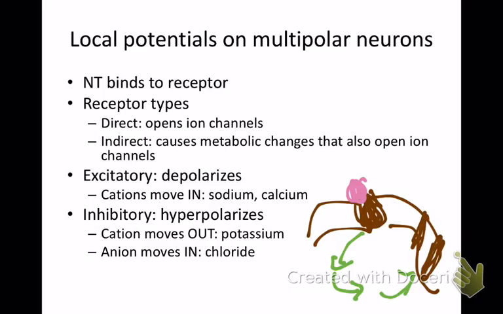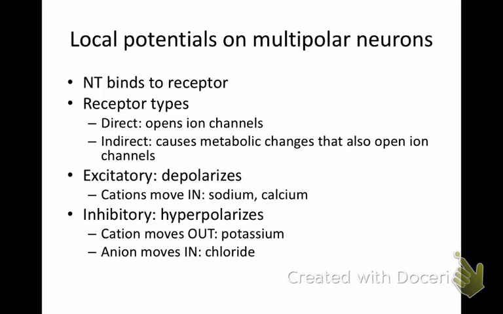I can't expect more explicit terms than that. It either directly binds or it indirectly binds. It's going to open the gate or not. For most of the neurotransmitters that you're assigned to learn, you do not need to know that. There are only a few that I'm going to ask you to remember that on. And we already know acetylcholine. Which one is it? Direct. It's direct.